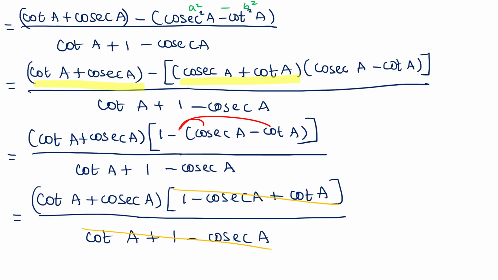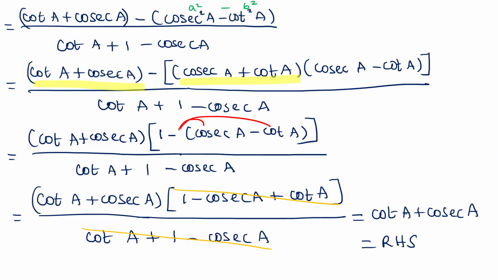The result we get is cot A plus cosecant A. That is your RHS. We completely arrived at that answer. Cot A plus cosecant A is equal to RHS, hence verified.